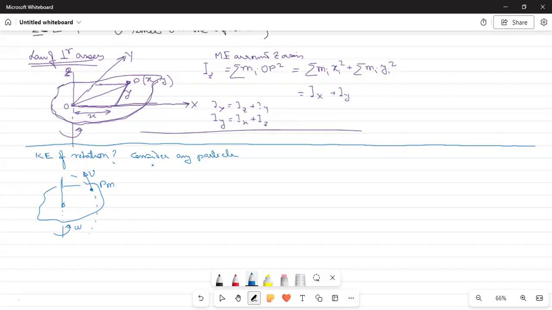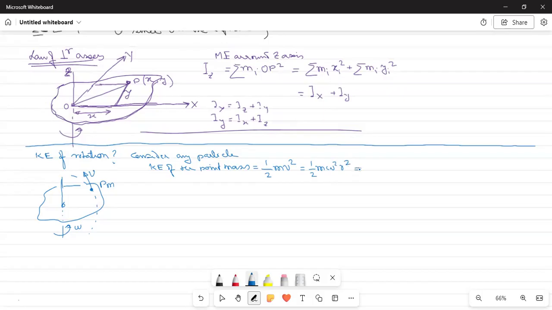Then the kinetic energy of this point mass is equal to half m v squared. Now v is equal to omega r, so it is equal to half m omega squared r squared.